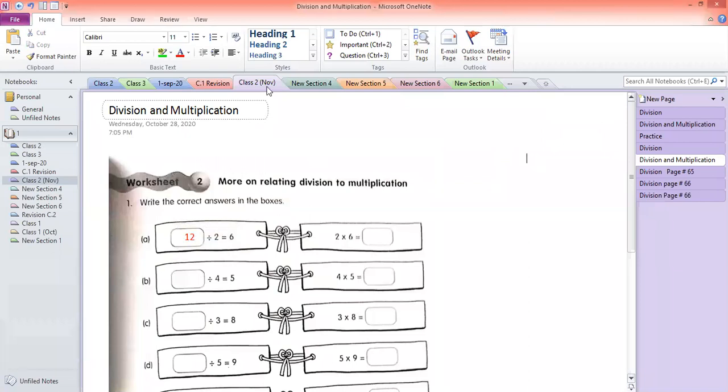Now, 2 multiplied by 6 equals what? 12. The answer is 12. Very good.